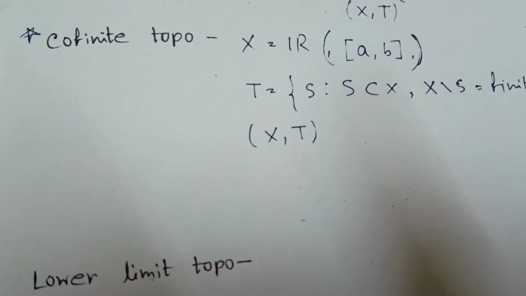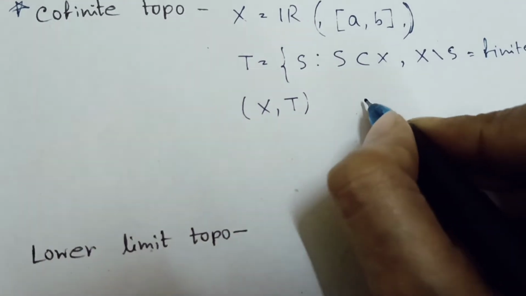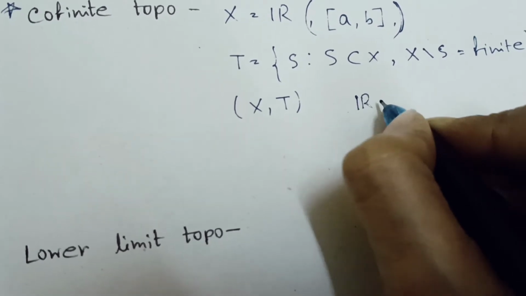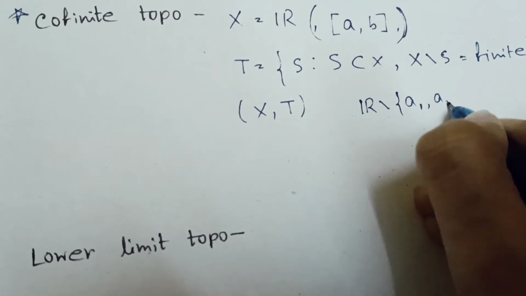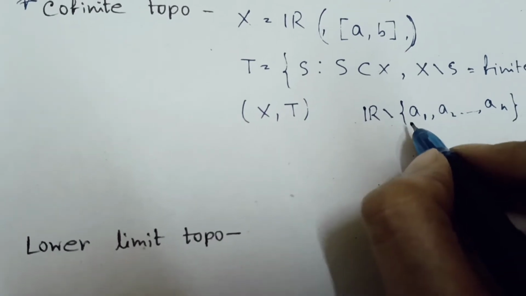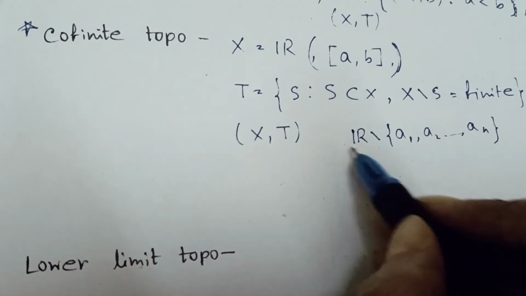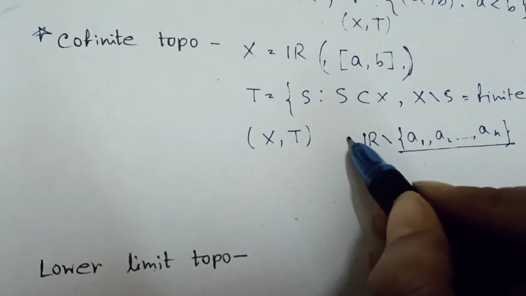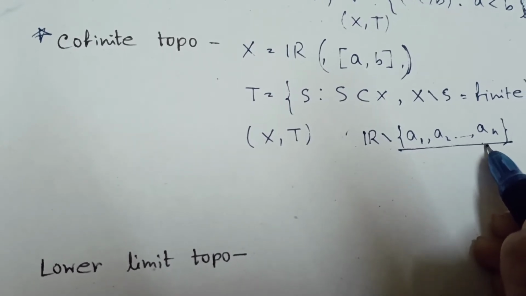So in this case, what will an open set look like? You can see this is an open set: R minus some finite number of elements, a1, a2, ..., an. The complement of this whole set will be only this finite set.